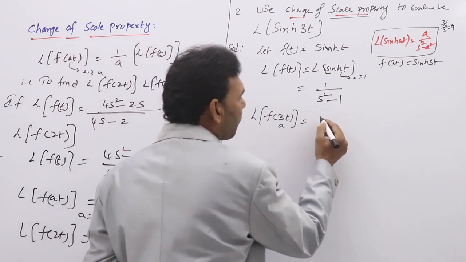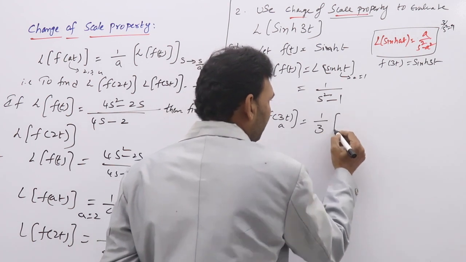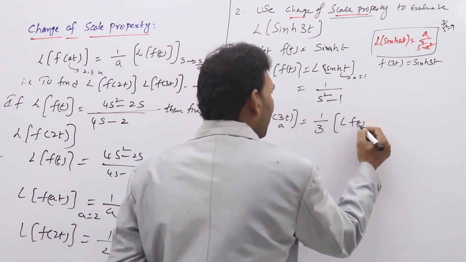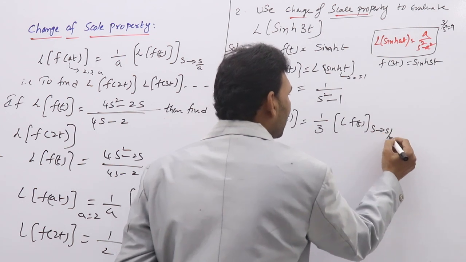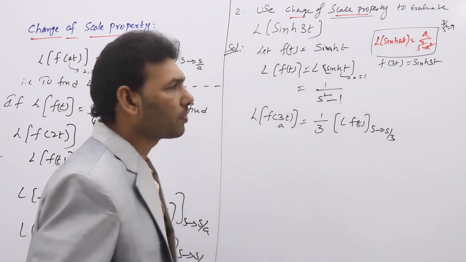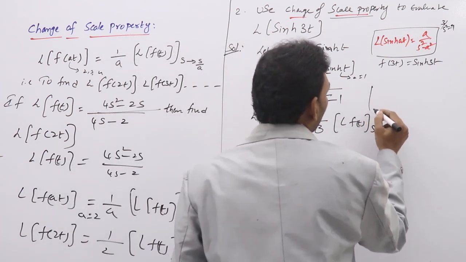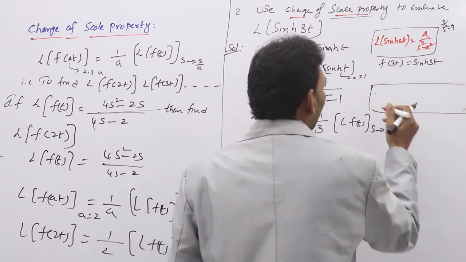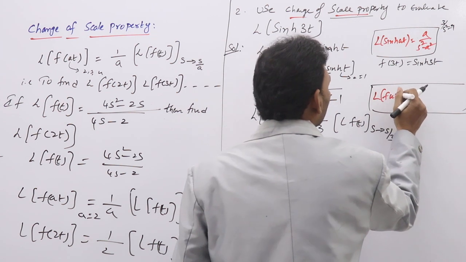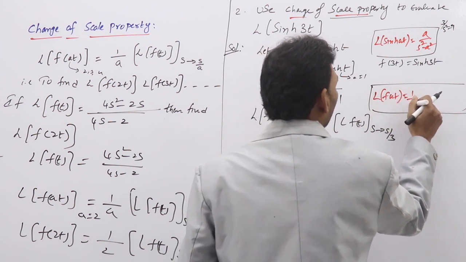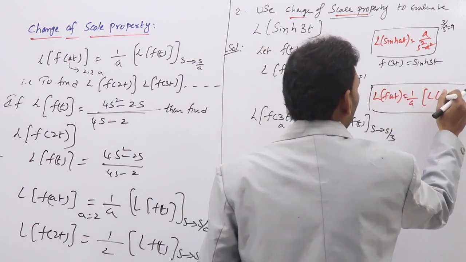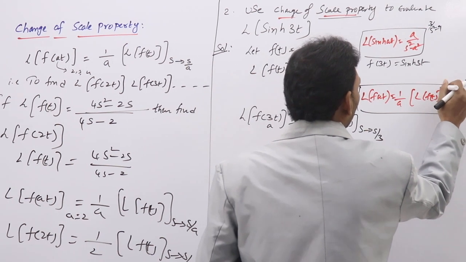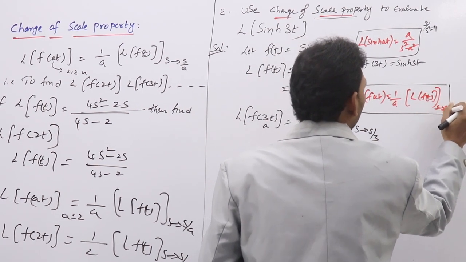Using change of scale property, 1 by 3, and in Laplace replace s by 3. This is the change of scale property formula. You know that L of f of at equals 1 by a, and in Laplace replace s by a.